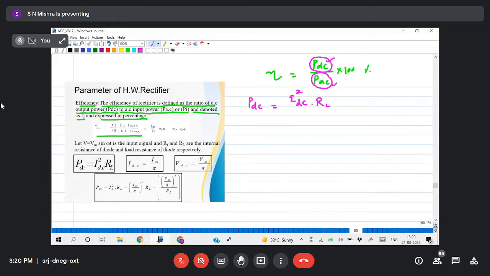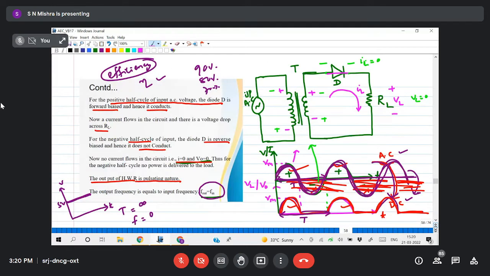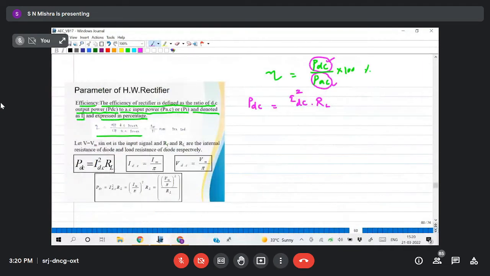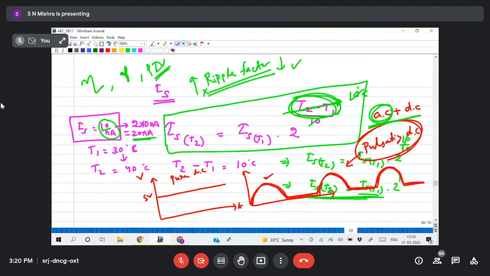That means the DC current flowing across this resistance, multiplied by RL, will give the DC power. Let me draw one clear picture here.